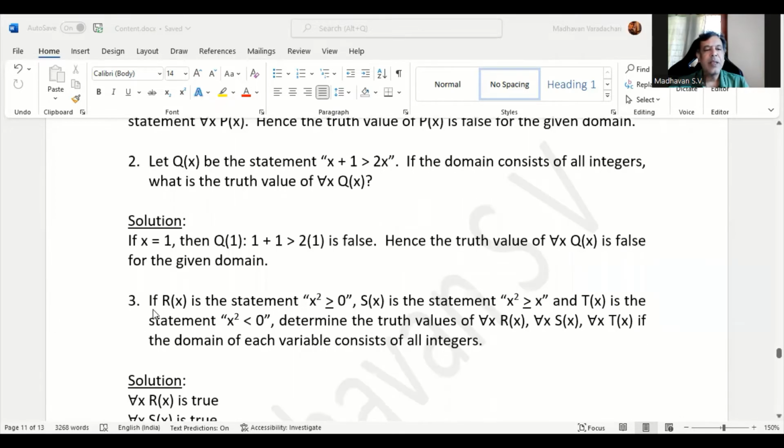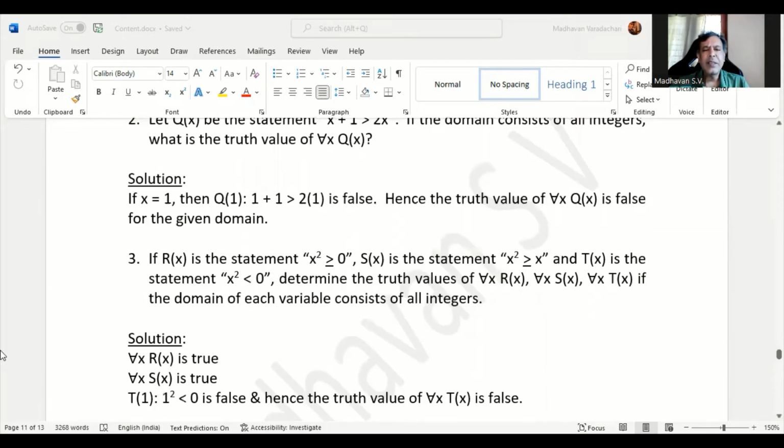Third example. If R of x is the statement x square greater than or equal to 0, S of x is the statement x square greater than or equal to x, and T of x is the statement x square less than 0, determine the truth values of for all x R of x, for all x S of x, for all x T of x, if the domain of each variable consists of all integers.